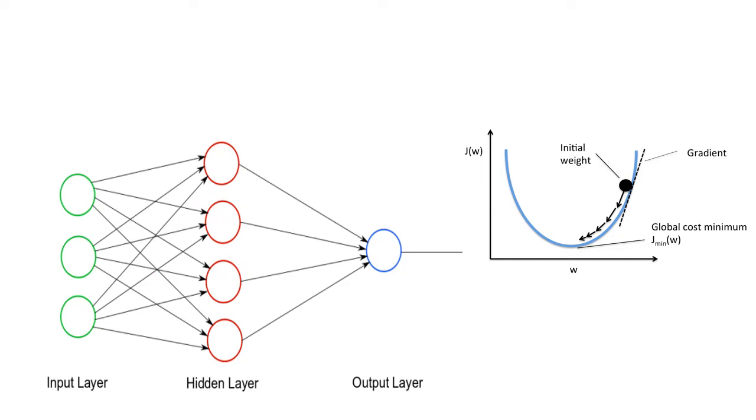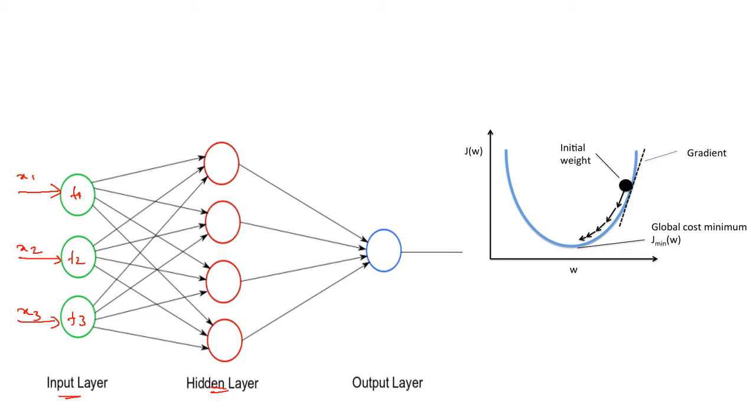Okay, let us take this neural network as our example. Here in the input layer we have three nodes, f1, f2, f3, and x1, x2, x3 are given to these input nodes. The output of f1 will be connected to all nodes in the hidden layer, isn't it?